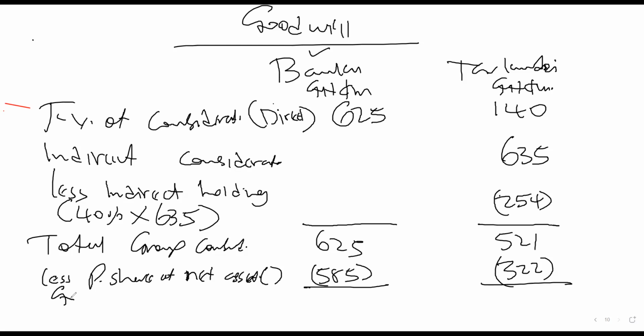What is the goodwill at acquisition? Accra, 199. Accra added 199, Boko 40.